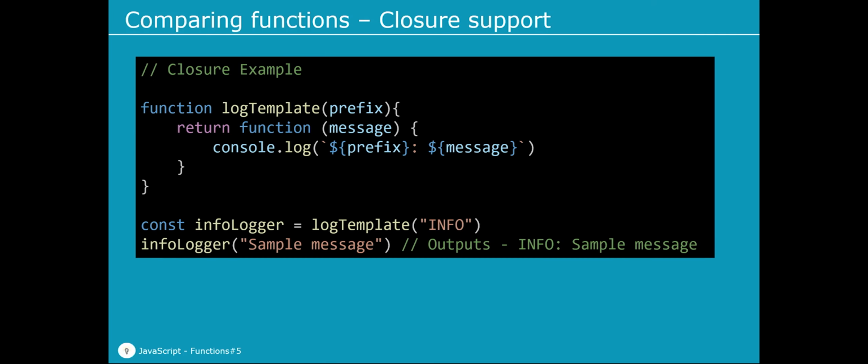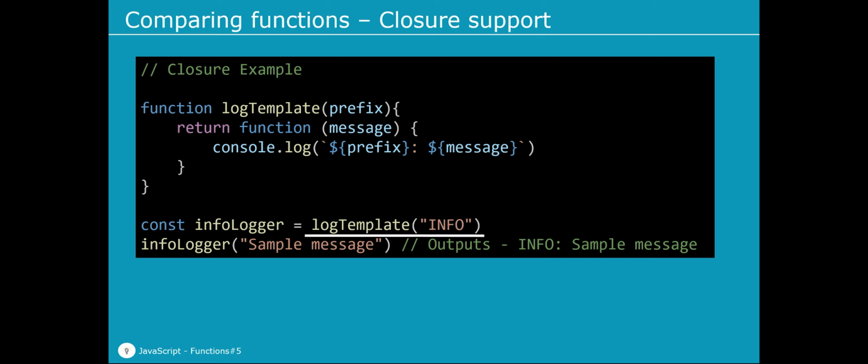Let's have a look at the example. In this code snippet, the function logTemplate is an outer function that accepts one parameter. The return function statement within the function is an inner function, and the outer function returns a reference to this inner function. While doing so, JavaScript creates a closure where it maintains the prefix parameter available to the inner function when executed.